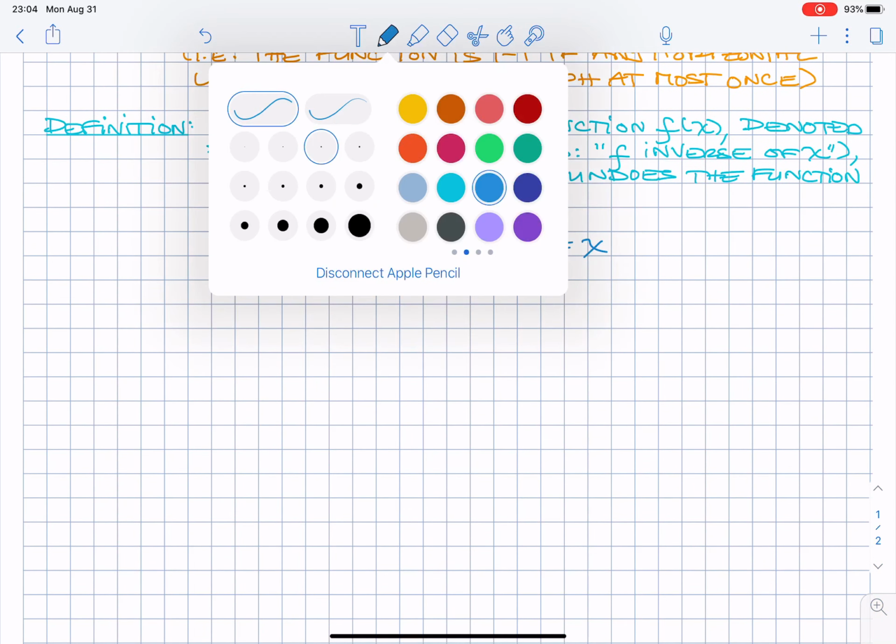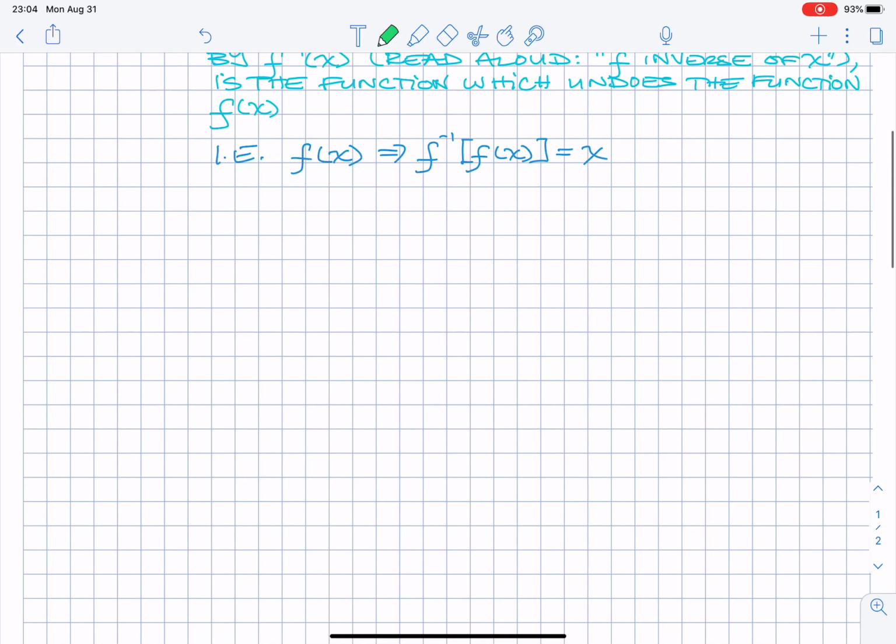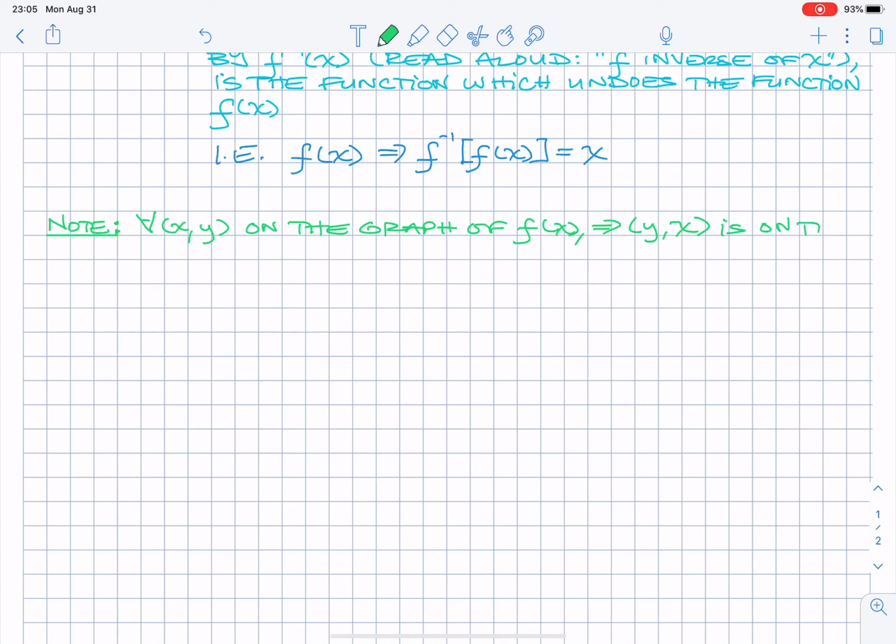So let's note another way to define the inverse is that for all points x comma y on the graph of f of x, this implies that y comma x is on the graph of f inverse of x.